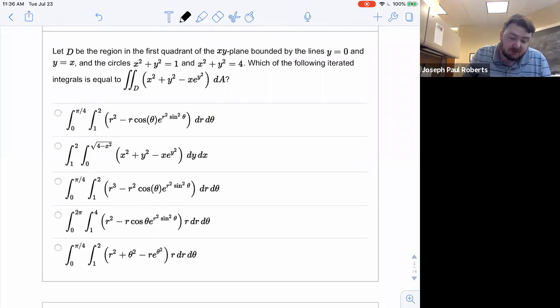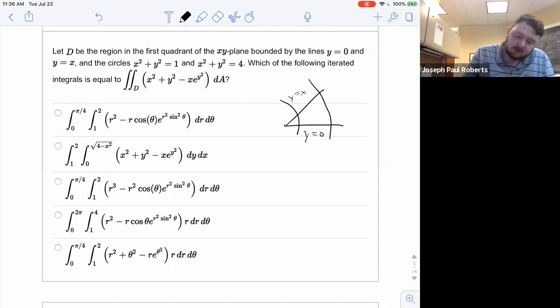So D is the region in the first quadrant bounded by y equals 0, y equals x, circle of radius 1, circle of radius 2, centered at the origin. So which of these is the correct setup?